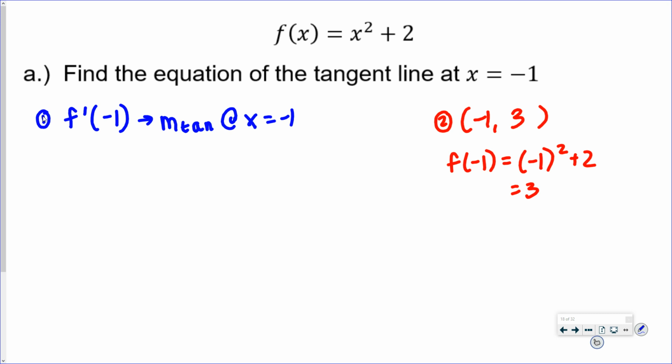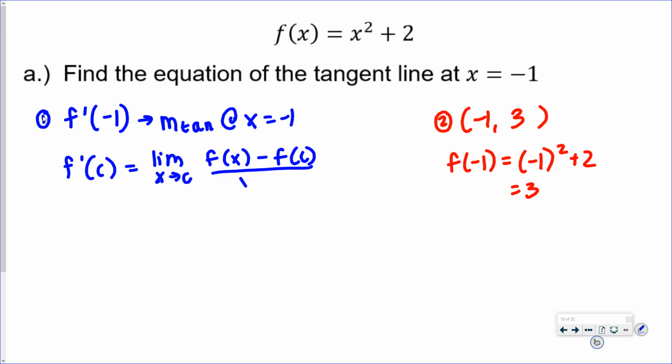Okay, let's find the slope. Since it's at a point, I'm going to use this alternative definition. This one's easy to memorize too, because it's almost like your average rate of change. We have f of x minus f of c all over x minus c. But you're finding the averages from the function to that point as our function is approaching that point.